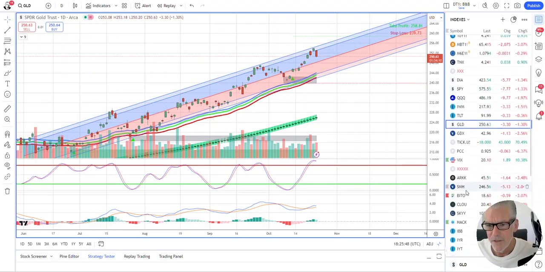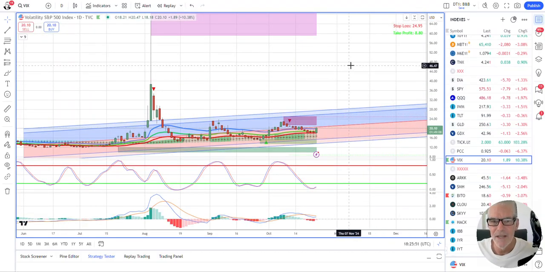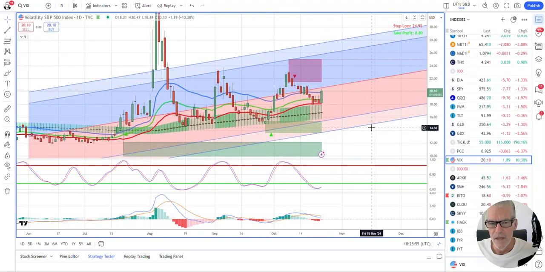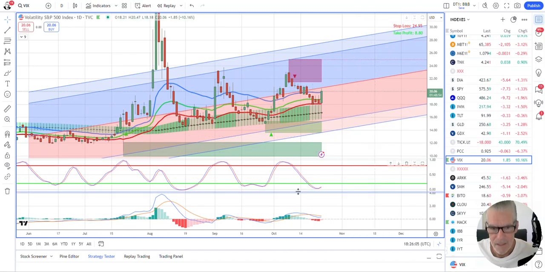Okay, where's the VIX today? Up above 20. All right, that's not where you want to see it, but no surprises there because we've got a pretty healthy fall off in the market today. This is a big green stick on oversold stochastics with the MACD above the zero line.